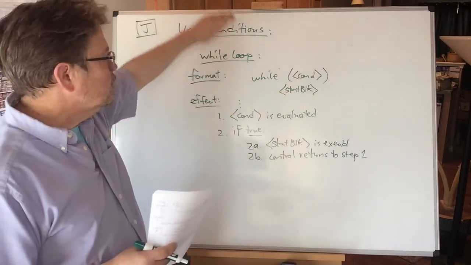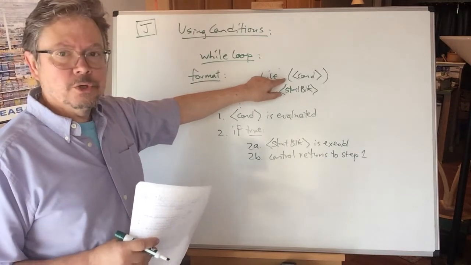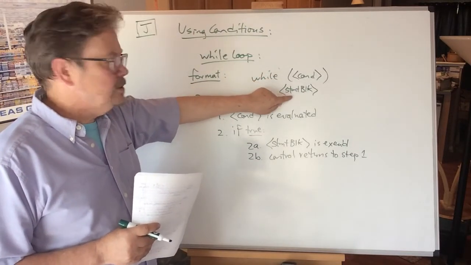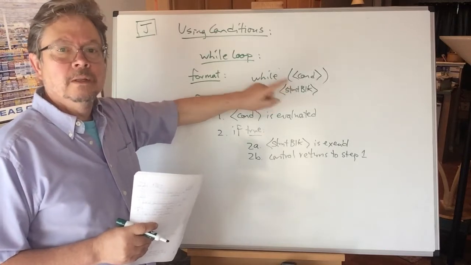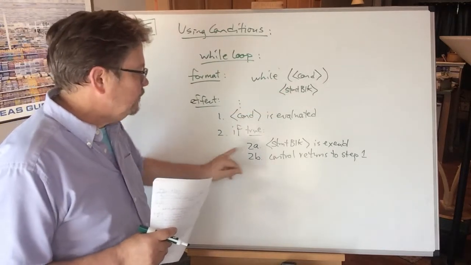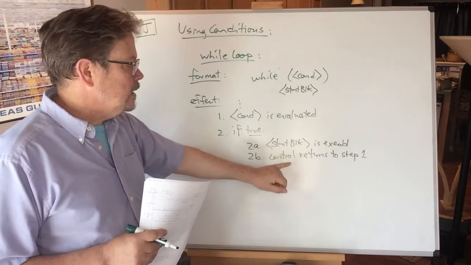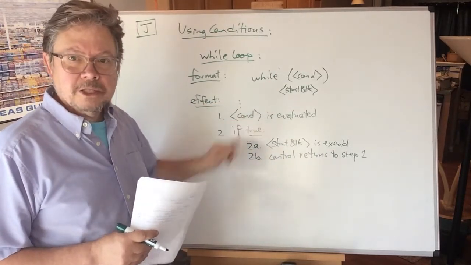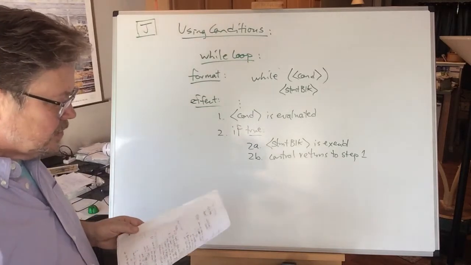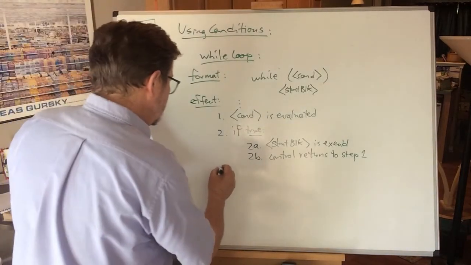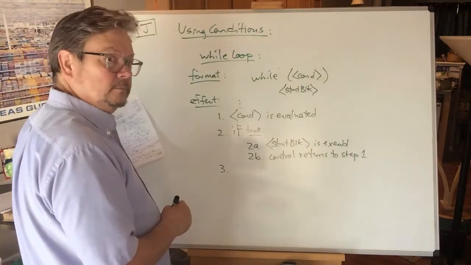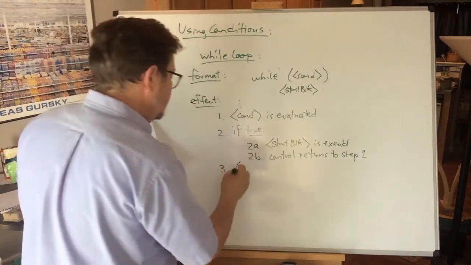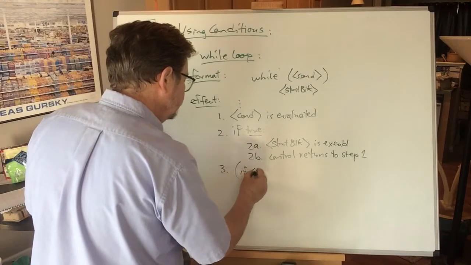A while loop, if you get this far and the condition is true, then initially it behaves a lot like an if statement. It will execute the statement block that's beneath it. The big difference is after it finishes executing the statement block, it goes back up and evaluates the condition again, possibly going around and around and around in a circle. Step 3, I'll put in parentheses because there is no test, there is no else or anything if the condition is false.